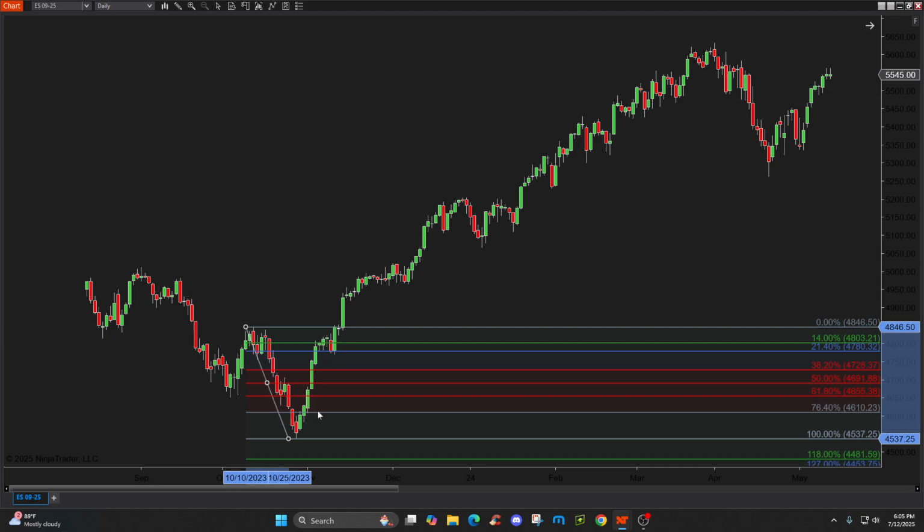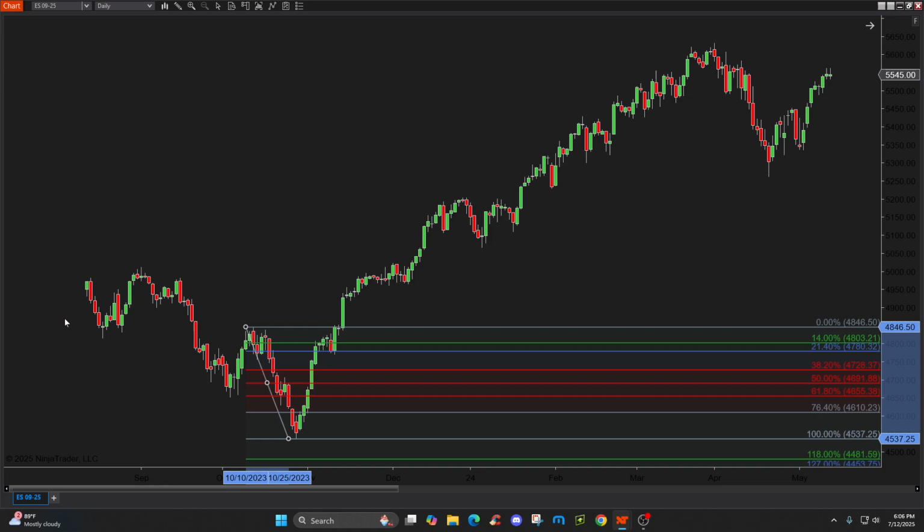You have to recognize candle formations and colors and things. So we did not fulfill the Fibonacci, which was then invalid once we broke above or closed above 0.